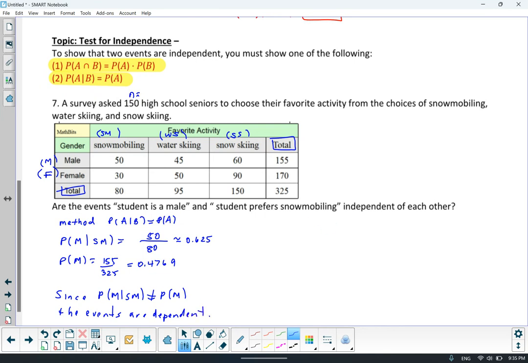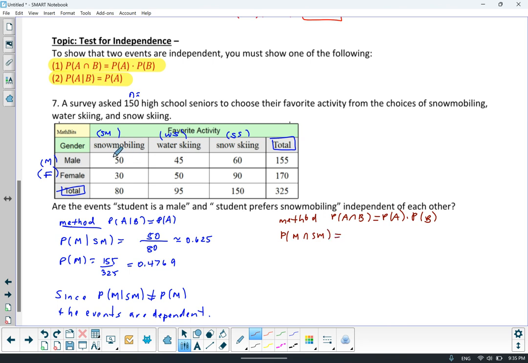Okay. Now I'm going to do the alternative method. I could have also done probability A and B is equal to probability of A times probability of B. So in this case, I want to find the probability male and snowmobiling.